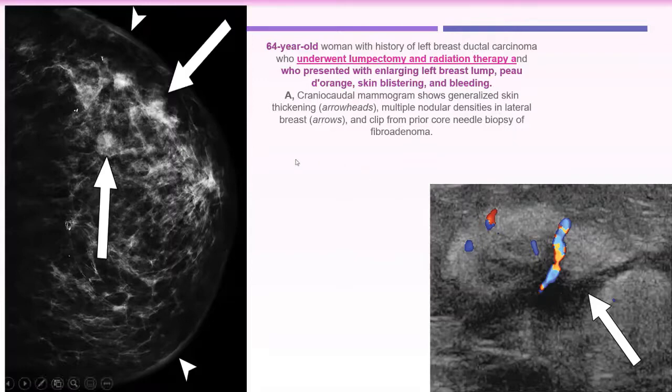And here is the mammographic nodular density, high density lesion, at the same site of the previous abnormality. Who is going to describe the ultrasound for me? Medina, where are you?